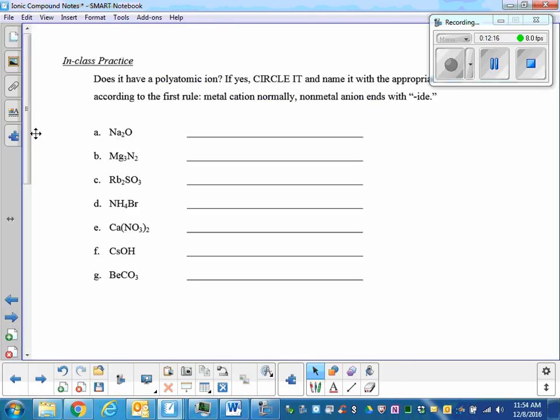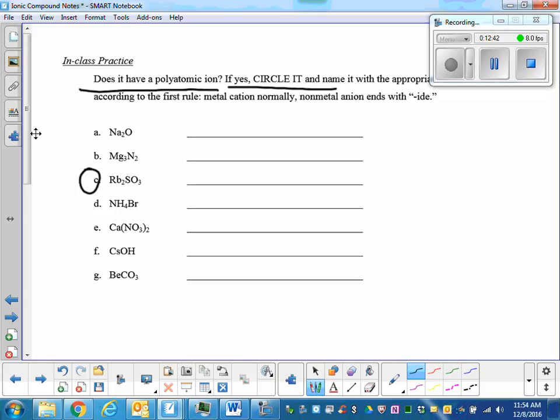Does it have a polyatomic ion? If yes, circle it. So, Emma, does this one have a polyatomic ion? The third one? Yes. I see a polyatomic ion, right? What about the fourth one?